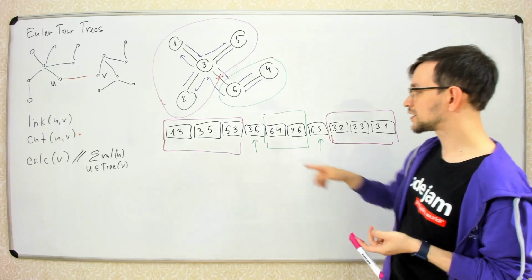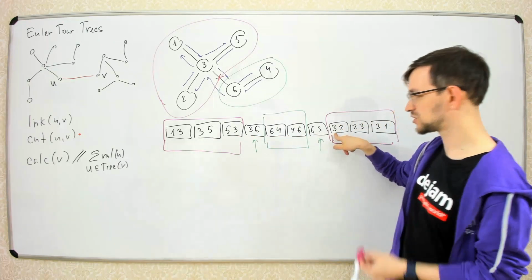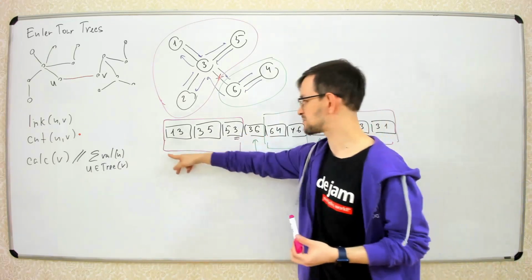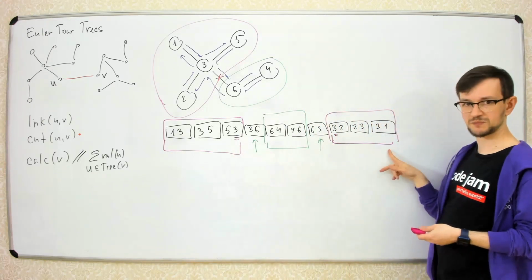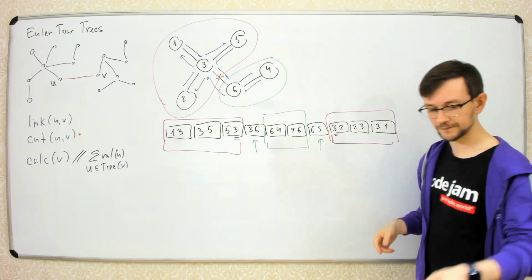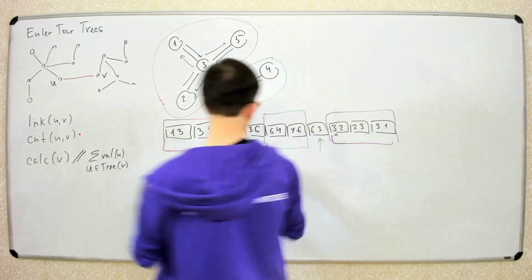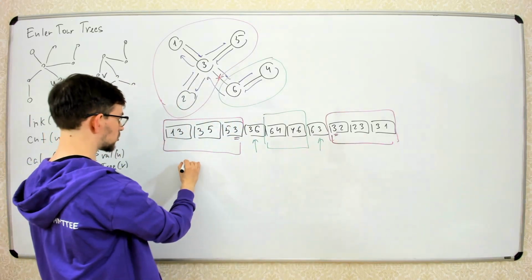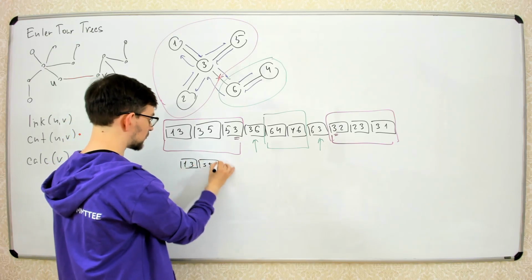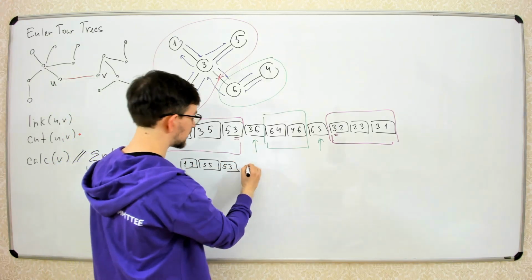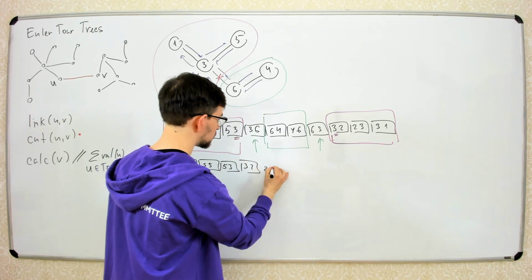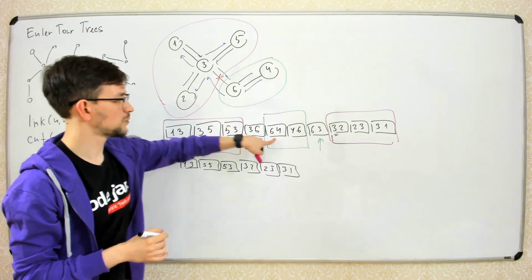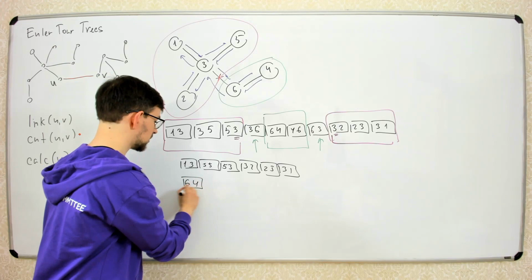We can connect them because this node is the same: here we have node 3 and here we have node 3. So when we make a cut, we simply take this part plus this part. The first Euler Tour will be 1, 3, 3, 5, 5, 3, and then 3, 2, 2, 3, 3, 1. That's the Euler Tour of this part, and the Euler Tour of the other part will be just this segment: 6, 4, 4, 6.